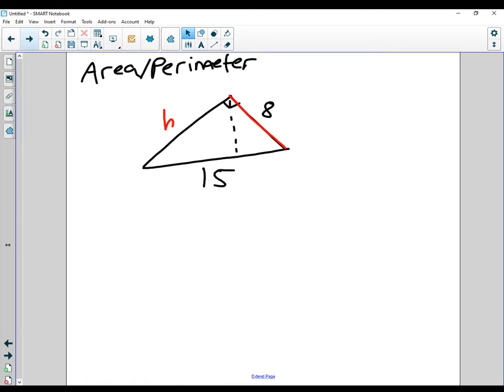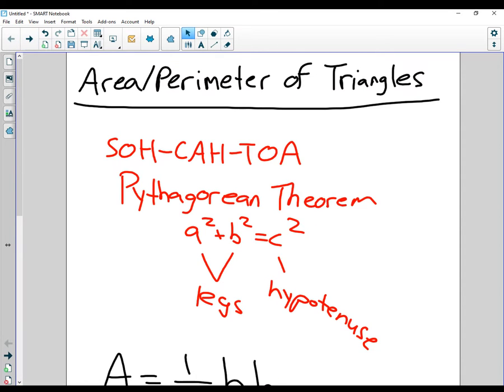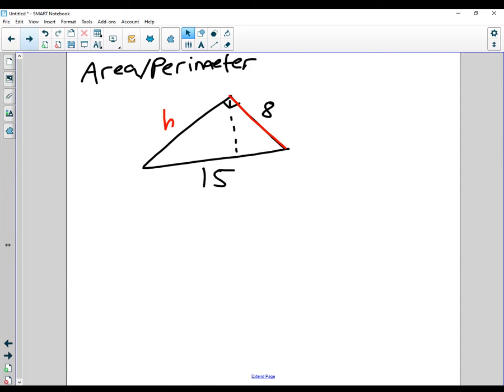If you have two sides, wouldn't it be the Pythagorean theorem? Don't you use the trig when you have an angle, and the Pythagorean theorem when you have two sides? Yeah. So since we have two sides, we're going to use the Pythagorean theorem.